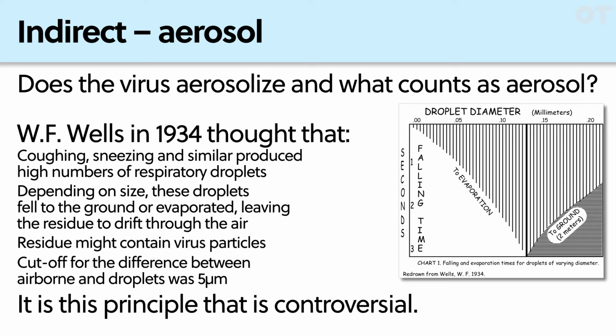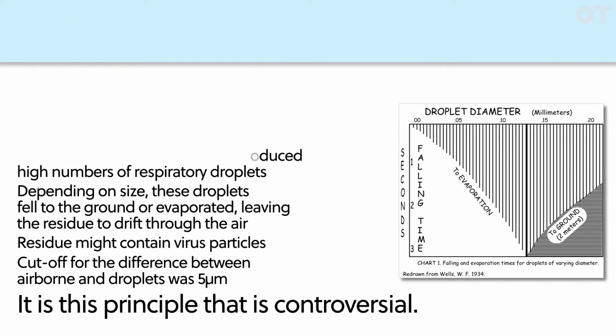And Wells thought that when you coughed or you sneezed, you produced high numbers of respiratory droplets, and that is still fairly solid. But he suggested that based upon the size of those droplets, they either fell to the ground very quickly, or the fluids evaporated and then the residue drifted through the air. The cut-off point between when that happened was set at 5 micrometers. And it's this principle that is somewhat controversial.